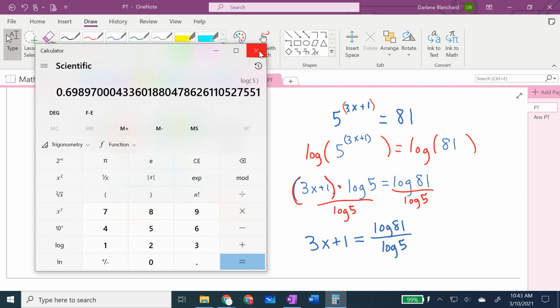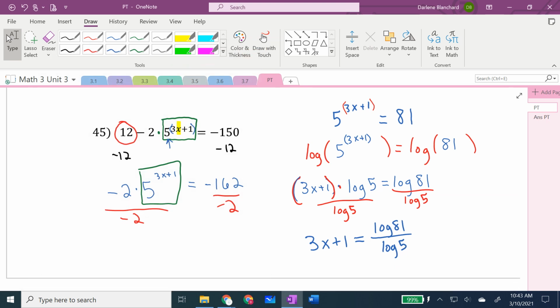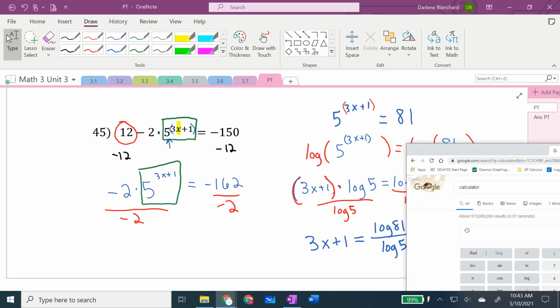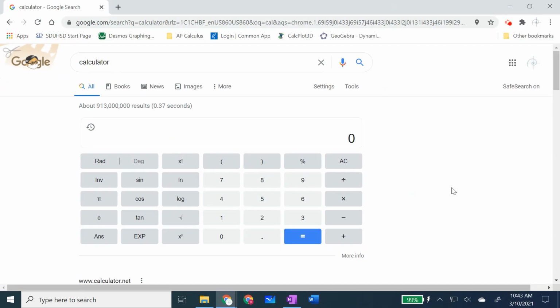If I'm using something like the Google calculator, so if I basically just look up calculator and I get this, I believe, let me see if this is the one that does it. Yeah.